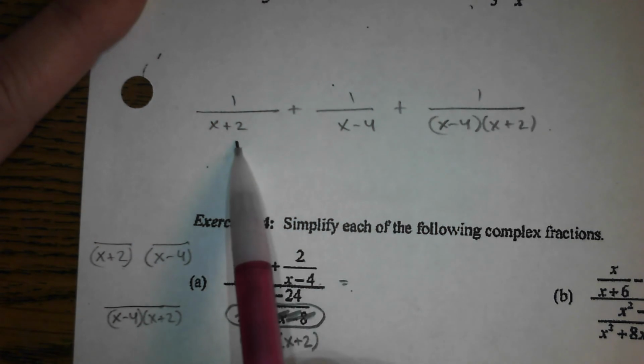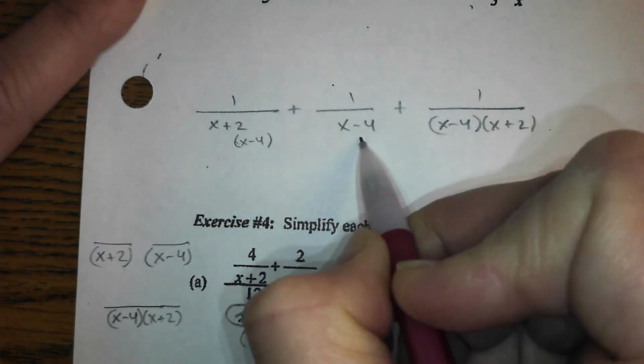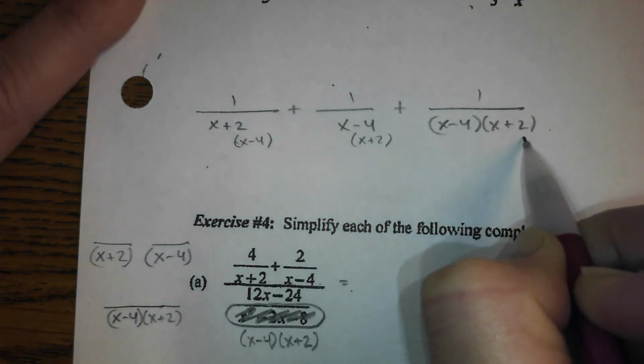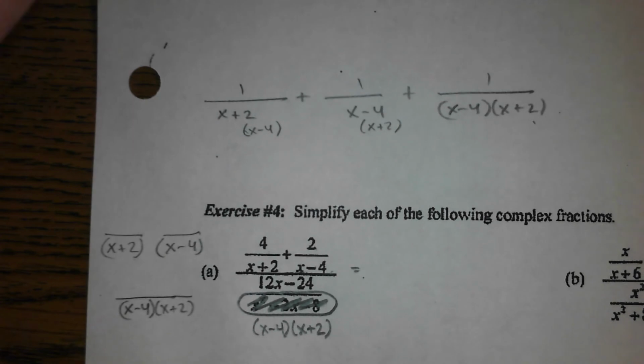What would this one need? An x minus 4. What would this one need? Okay, what would this one need? Nothing, right? You don't have to give it a 1. So now, once you give everything, what is the denominator of all 3 of them? They all have a denominator of x minus 4, x plus 2. So that's your least common denominator.